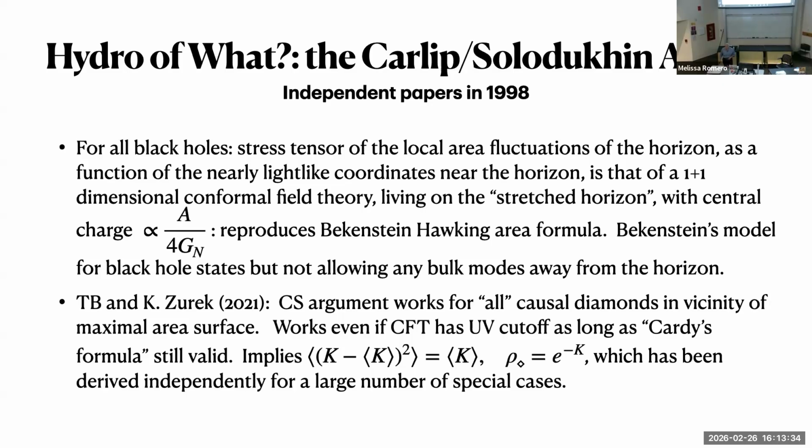Catherine and I generalized their calculation to arbitrary causal diamonds, and we also pointed out that since it's a conformal field theory, it leads to this fluctuation formula for the logarithm of the density matrix.